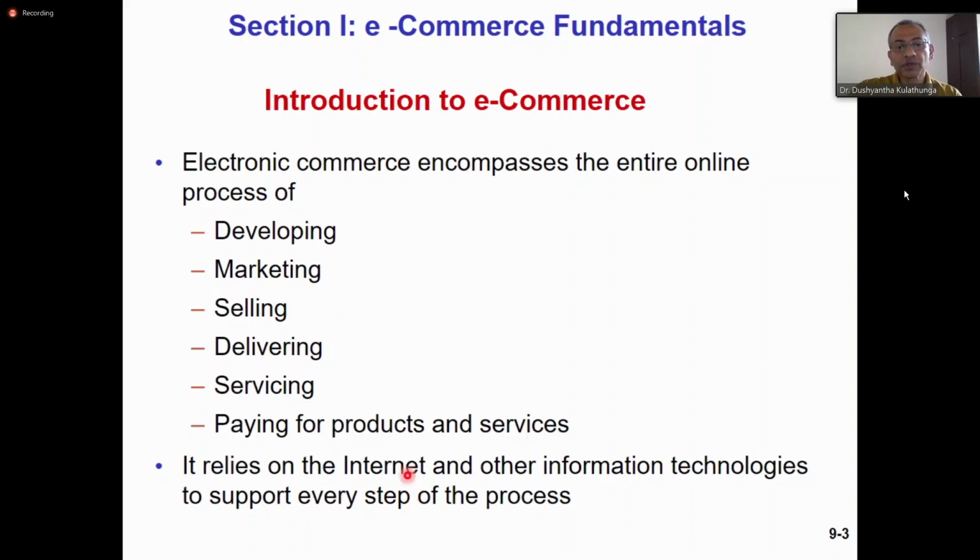So we may utilize other technologies like intranet and also extranet in this particular process. So therefore, apart from the use of the internet, the organizations may utilize other technology to support the particular processes, which will be coming under electronic commerce.